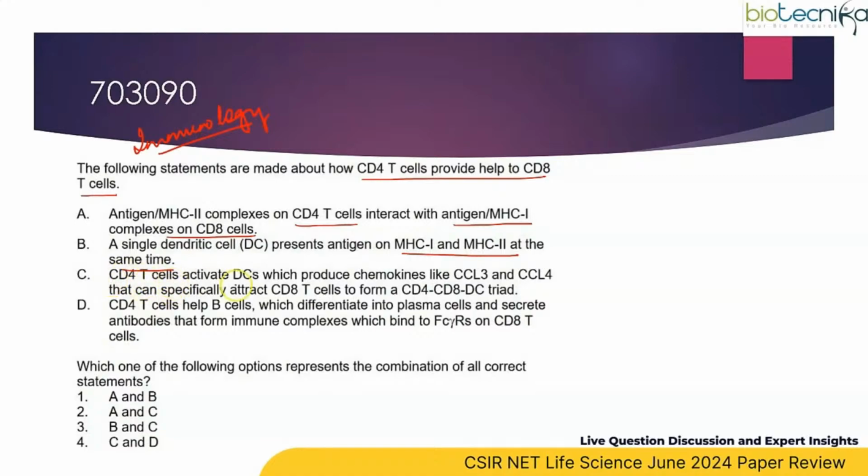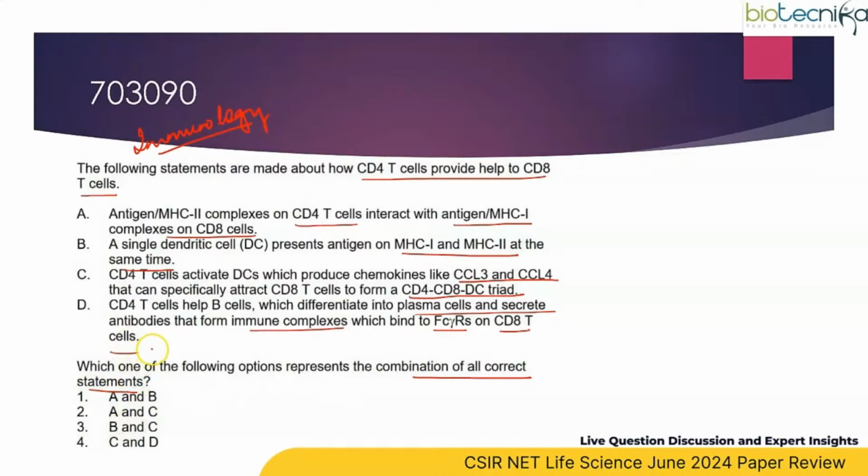C. CD4 T cells activate dendritic cells which produce chemokines like CCL3 and CCL4 that can specifically attract CD8 T cells to form a CD4 CD8 DC triad. D. CD4 T cells help B cells which differentiate into plasma cells and secrete antibodies that form immune complexes which bind to Fc gamma Rs on CD8 T cells. So the question is, which one of the following options represents a combination of all correct statements?